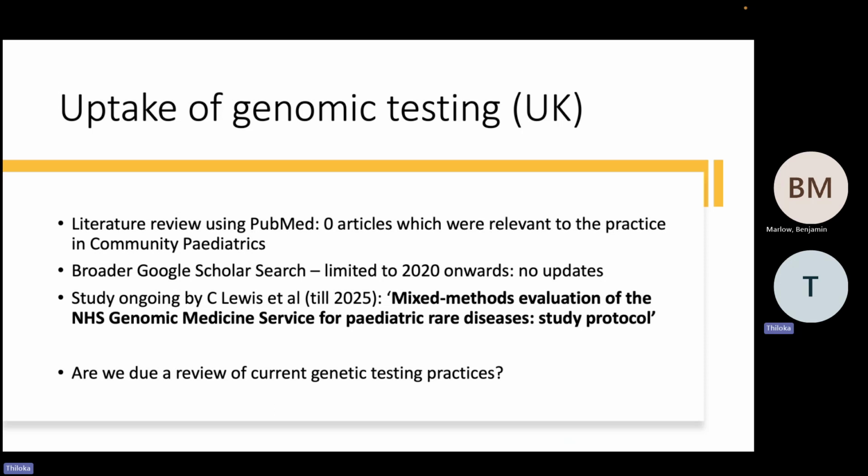There are some studies looking at genomic testing for developmental delay, especially in the USA. There's one study ongoing till 2025, which is evaluating the NHS Genomic Medicine Service for pediatric rare disease, but we won't have those results for some time.